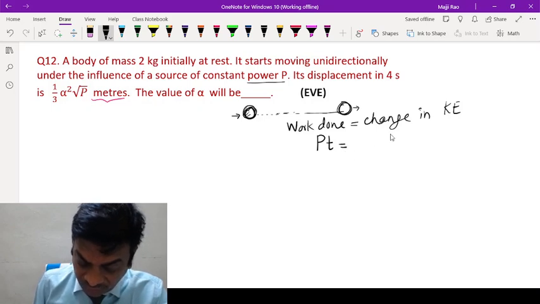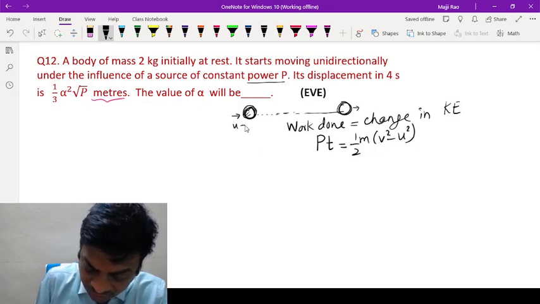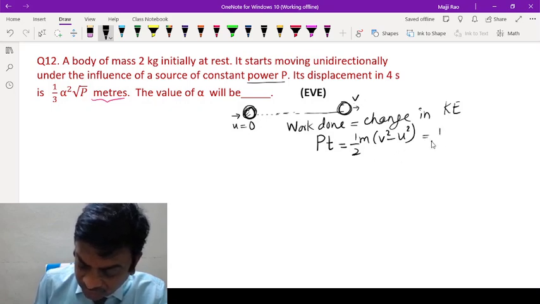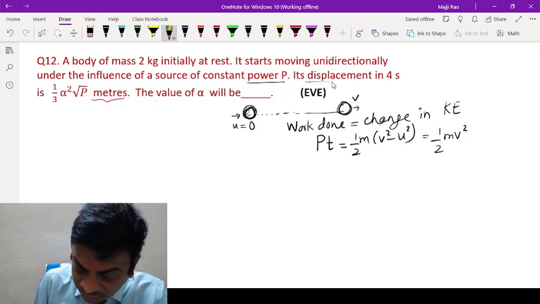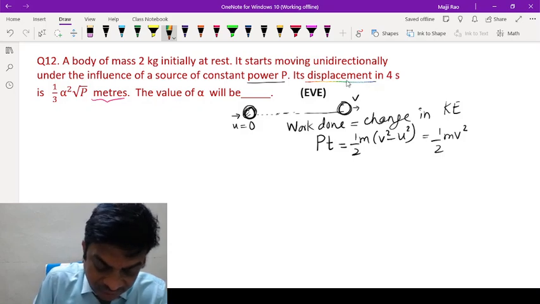Change in kinetic energy is half m v square minus u square, where u is the initial velocity, which is 0, and v is the final velocity. Since u is 0, I can write it like this. Remember, we have to find displacement.